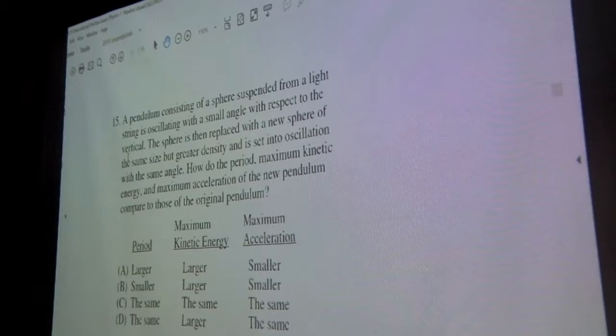Any answer? What is that? D. What about Griffin? I think it's D. If that's the case, then that it is.